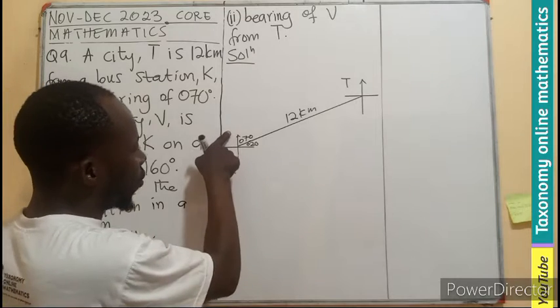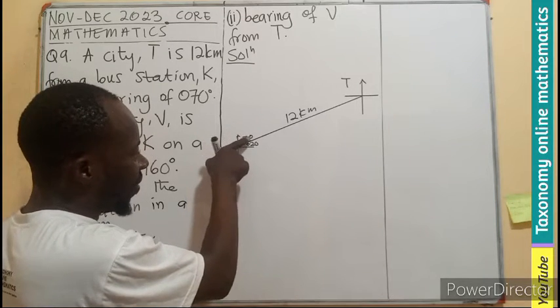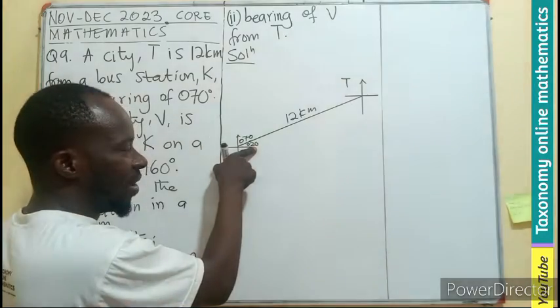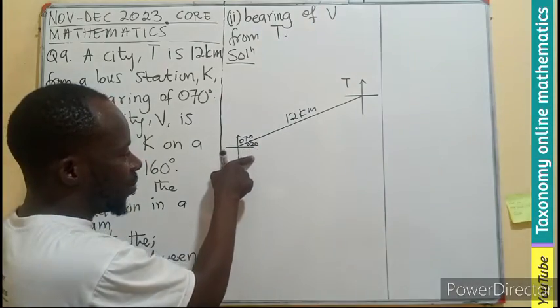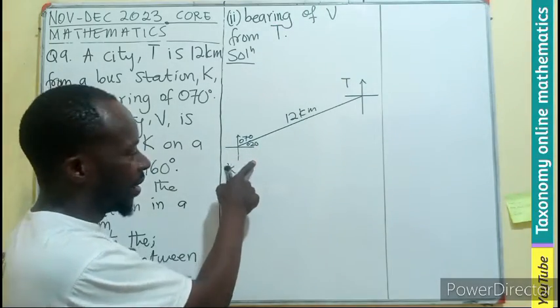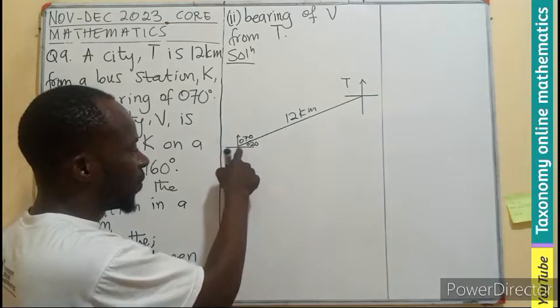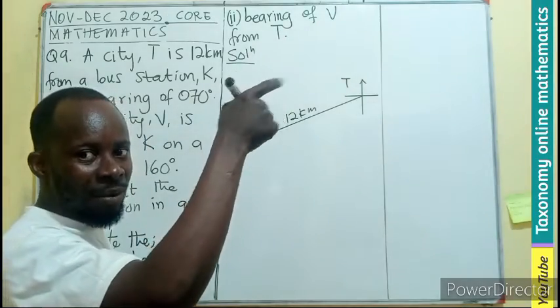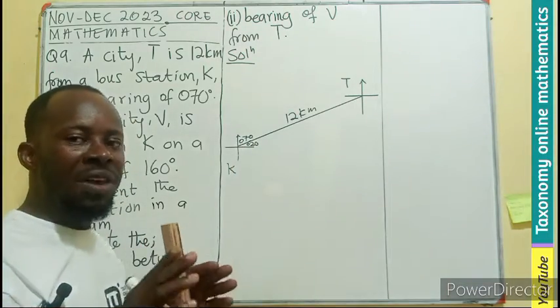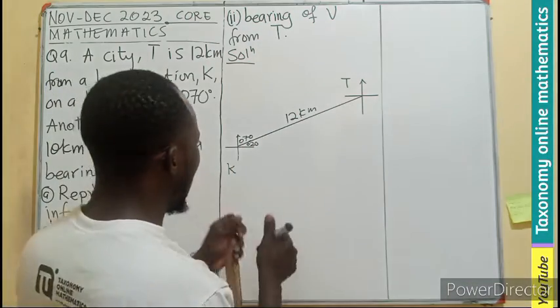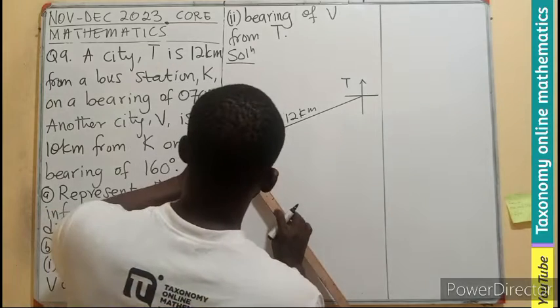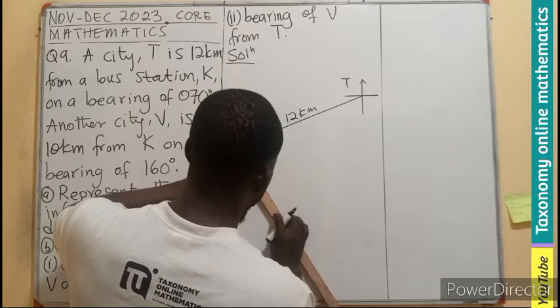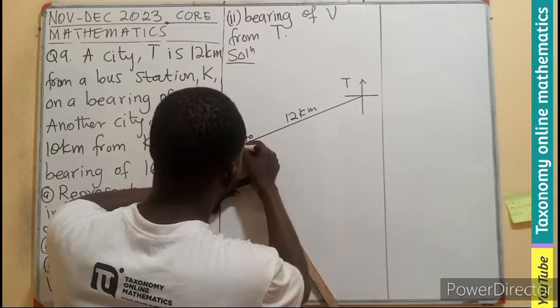So all the way from north, I am moving 20 plus 70, 90. 90 plus 70 will give you 160, meaning I'm going to leave behind 20 and above 70, because 70 plus 90 will give us 160. So let's make that also a bit bigger than the one down.